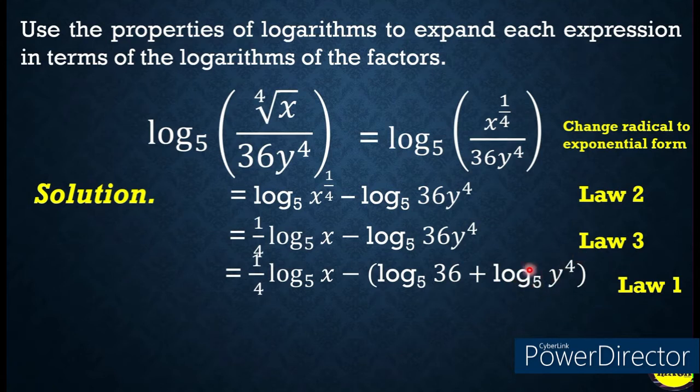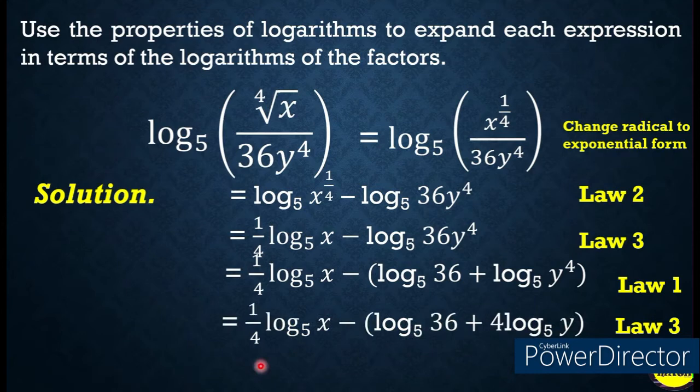And then, meron tayong exponent dito, so we need to put it here, no? Sa unahan ng logarithm natin. So, by applying the logarithm of a power, copy 1/4 times logarithm of x base 5 minus log 36 with base 5 plus, so dito, ilagay na natin sa unahan ng logarithm yung exponent na 4, so 4 times log y with base 5.